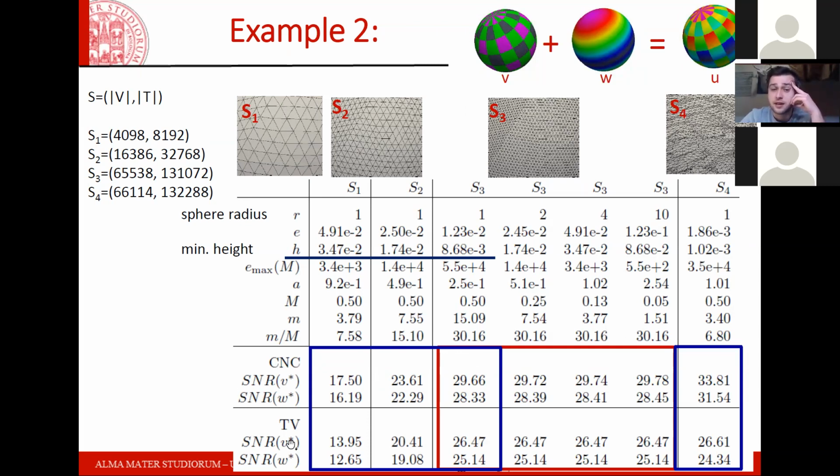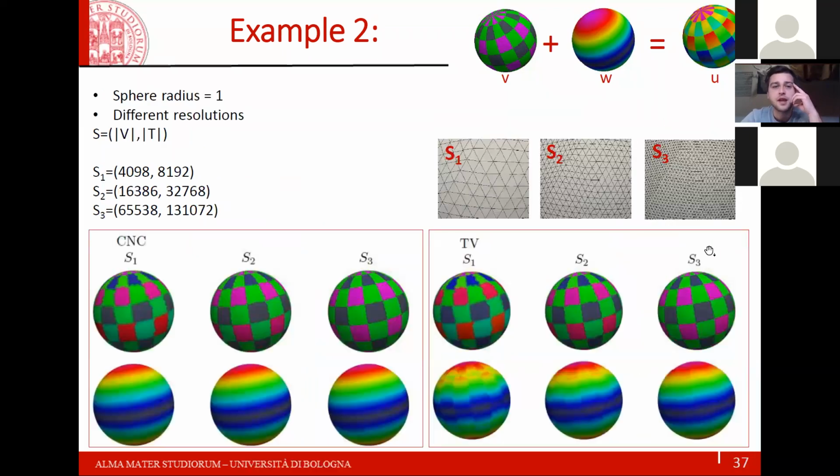Therefore, the SNRs computed increase with decreasing height, but stay the same if the ratio is constant. Here you can see the results for S1, 2, and 3, which are the three different triangularizations, containing from 8,000 to 131,000 triangles.